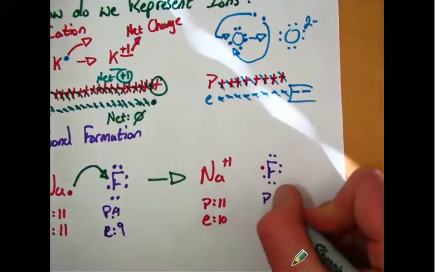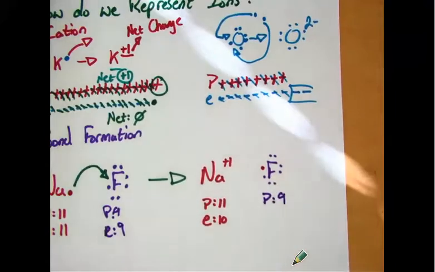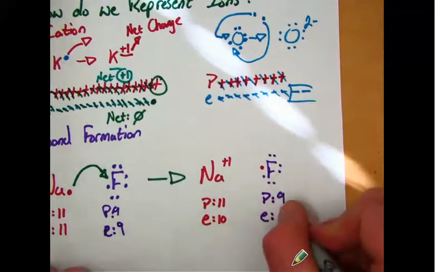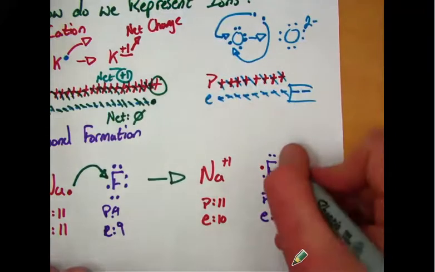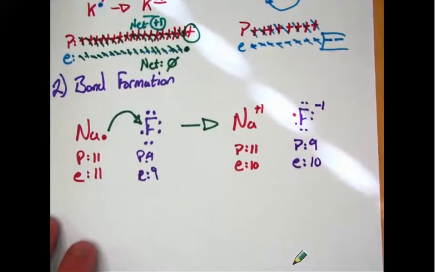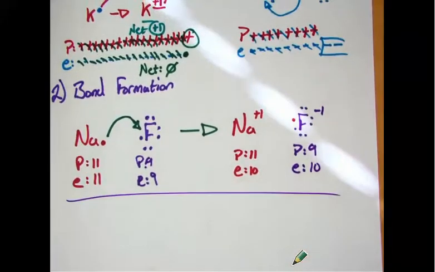And over here, this one still has 9 protons, because if we change the number of protons, we're also changing the compound that we have. And now it has 10 electrons. So this has a -1 charge. Make sure that we note all of that when we're describing the formation of these ionic bonds.